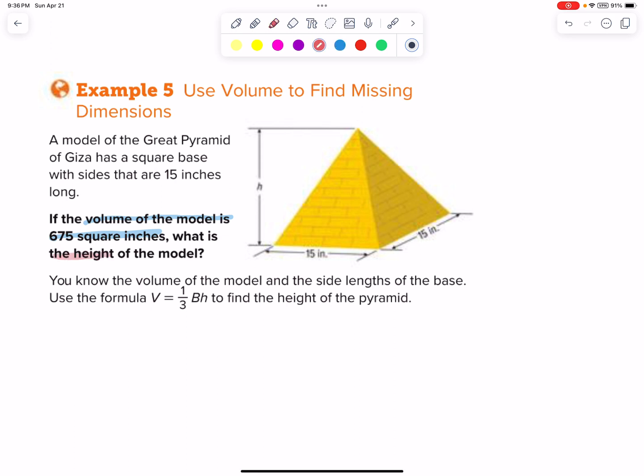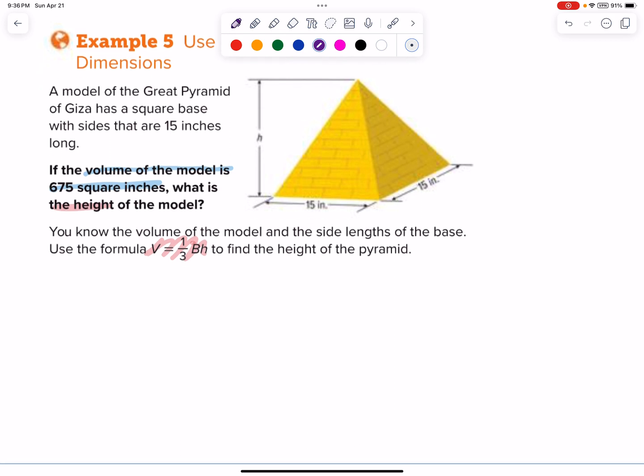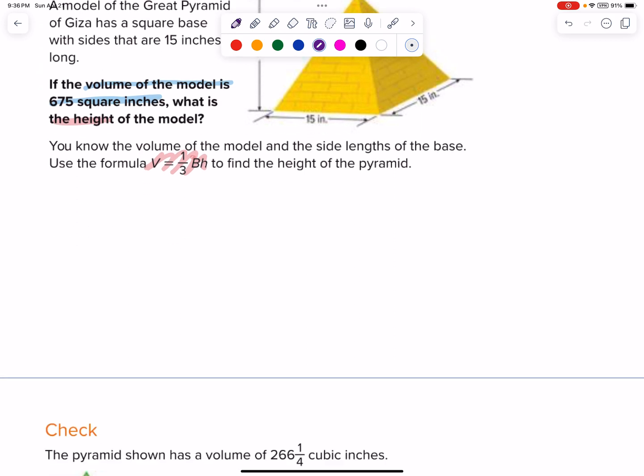They're not telling us the area, but we can figure out the area because they're telling us the length and width of that base. It says, use the formula, volume equals 1/3 base times height, to find the height of the pyramid, because we're on that pyramid formula now. So a little bit different than the prism one.